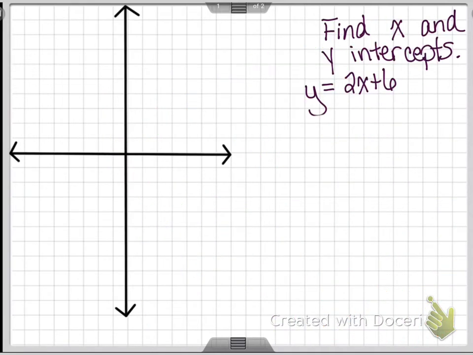Okay. So here's my line, y equals 2x plus 6. I want to find my x and my y-intercept. So I'm going to find my y-intercept first. What I do to find my y-intercept is I am going to plug 0 in for x.